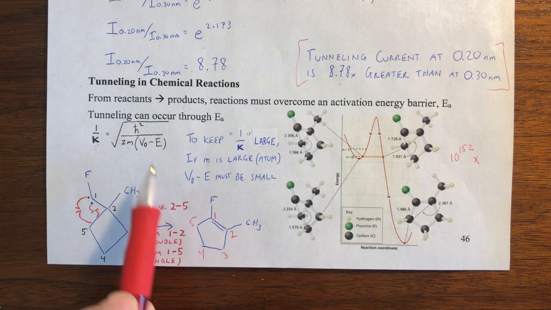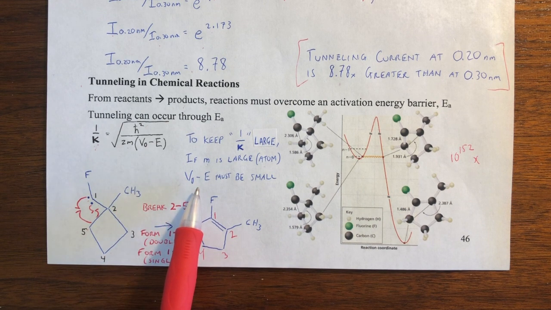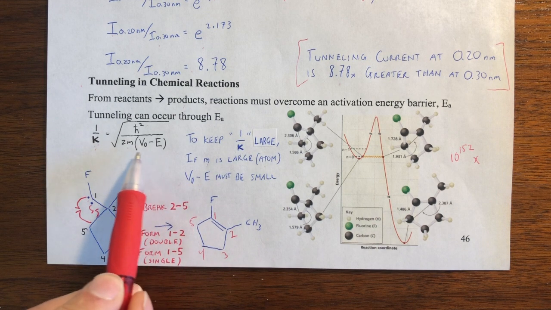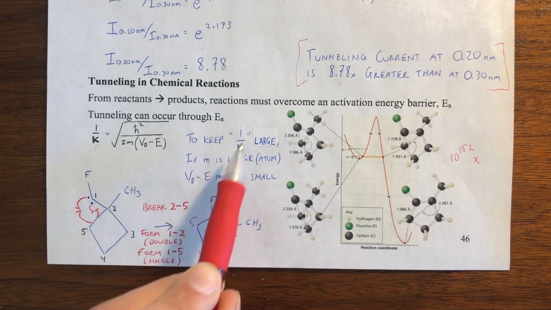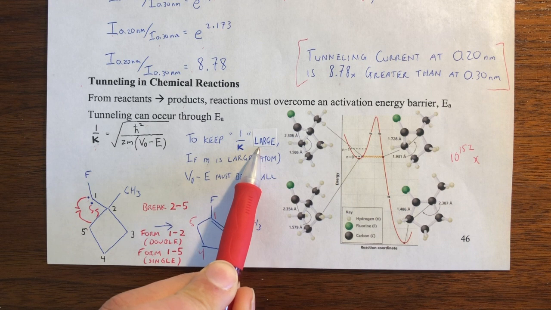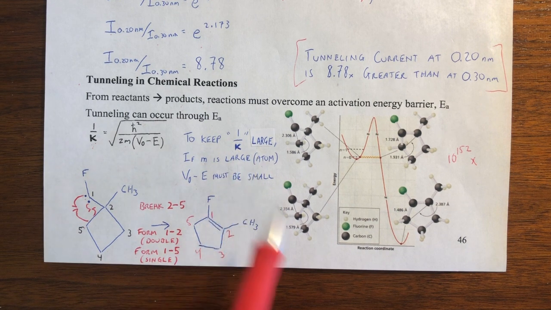So if the mass in the denominator of our expression is getting larger, we need the expression V sub naught minus E to be really, really small to offset that change. And we want to keep this denominator small so that overall 1 over kappa can be large, and we can have a substantial tunneling effect.